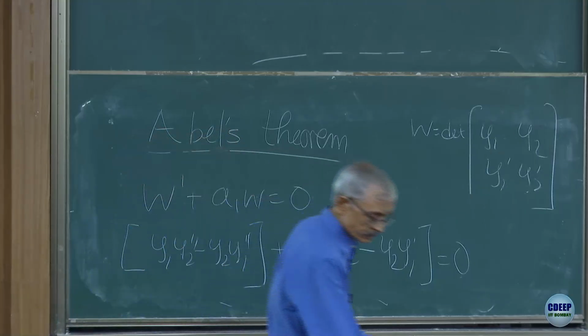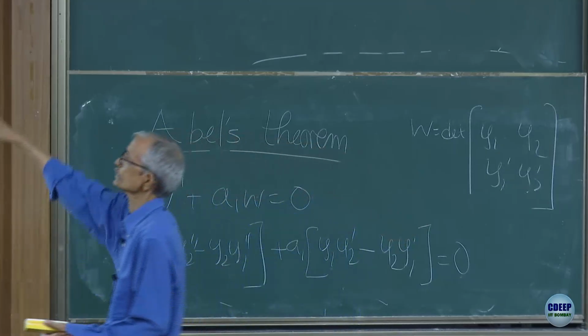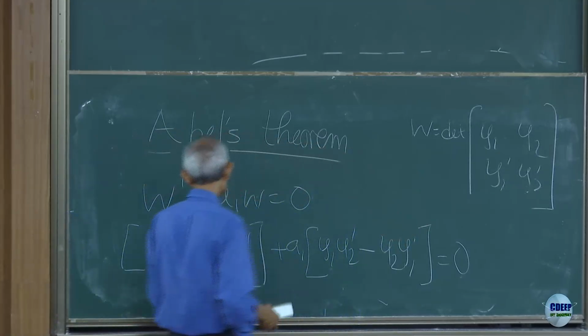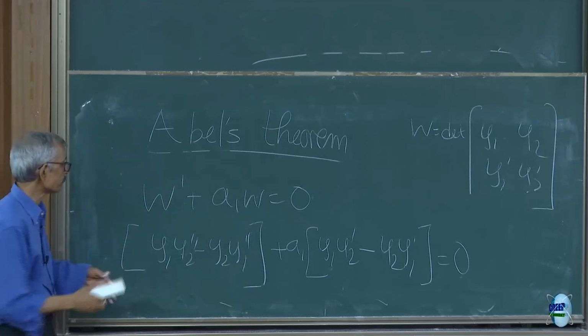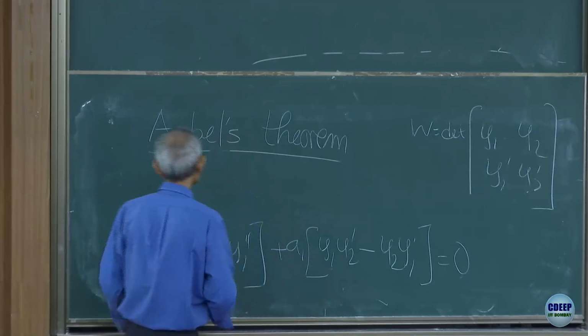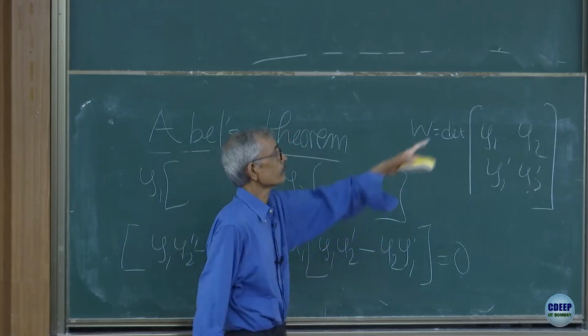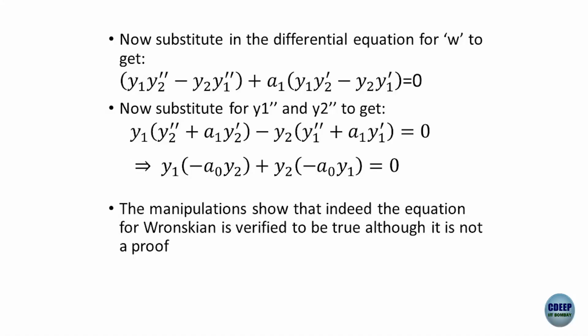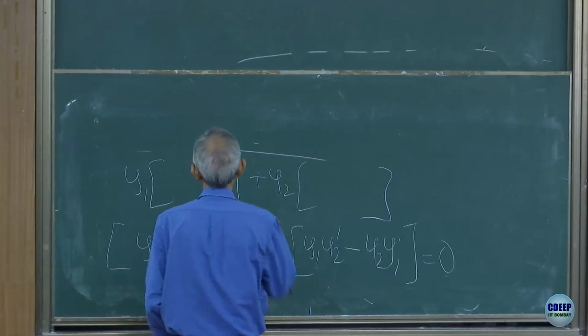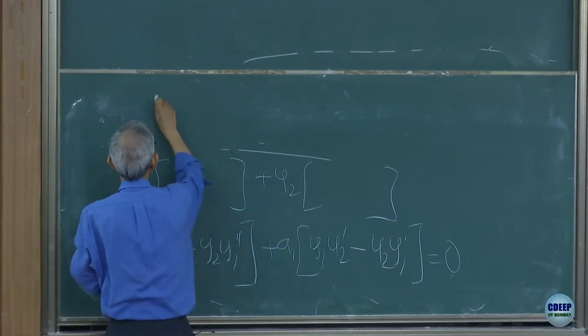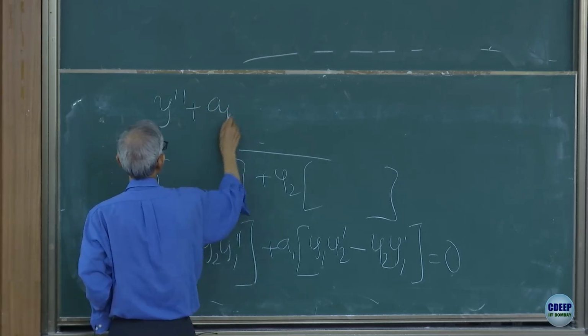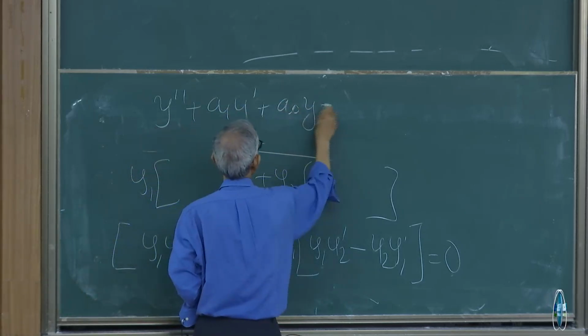You just group the terms together, the algebra is all there. Taking y1 common, you get y1 times y2 double prime plus a1 y2 prime, and then minus a naught y, because the original equation was y double prime plus a1 y prime plus a naught y equal to 0.